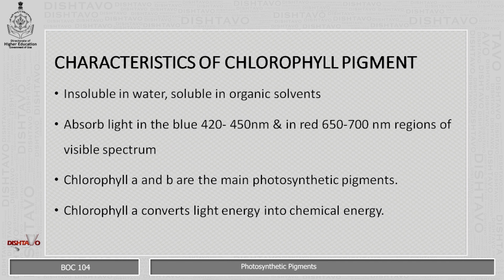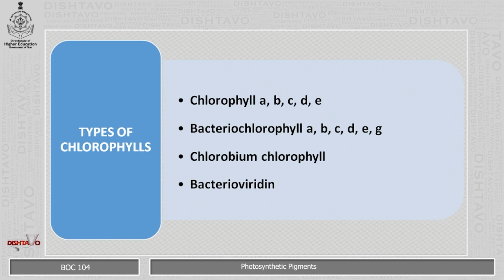Chlorophyll A and chlorophyll B are the two main important photosynthetic pigments which absorb light. Chlorophyll A will convert the light energy into chemical energy. These are the different types of chlorophylls: chlorophyll A, B, C, D and E, which are found in algae and higher plants.